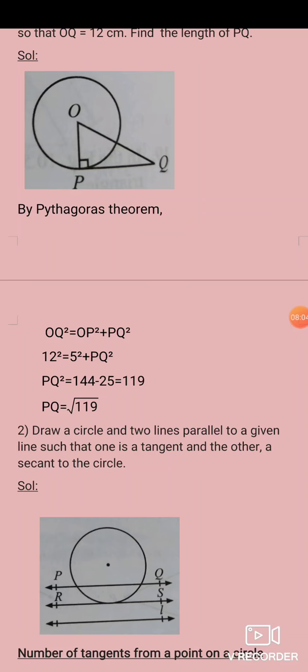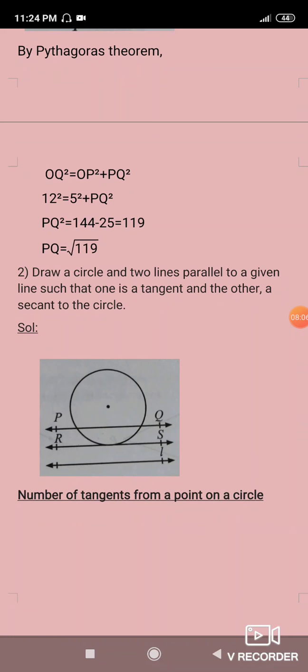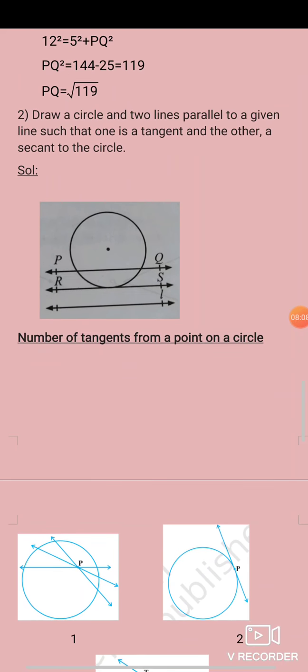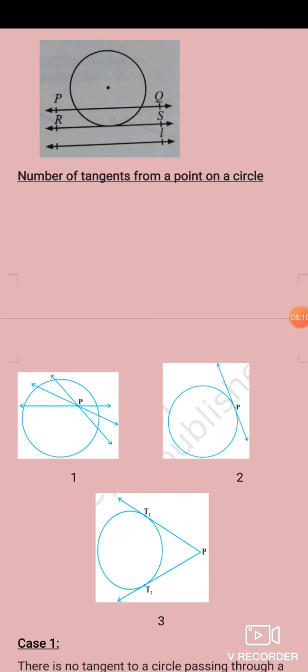Now the next point: number of tangents from a point to a circle. Listen carefully here. If a point P lies inside the circle, through that point P we can't draw any tangent to the circle. Clear? Second case, if a point P lies on the circle, then through that point we can draw only one tangent to the circle.